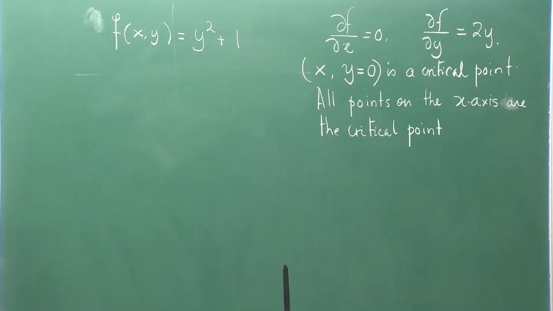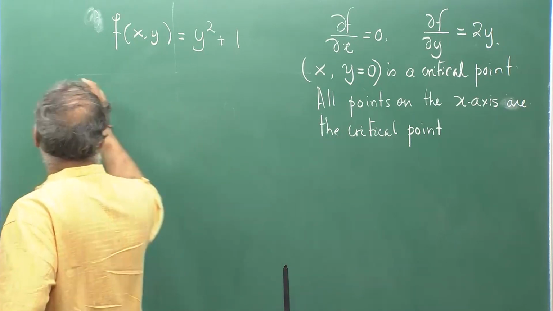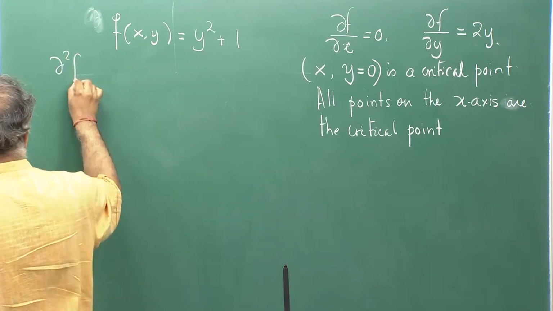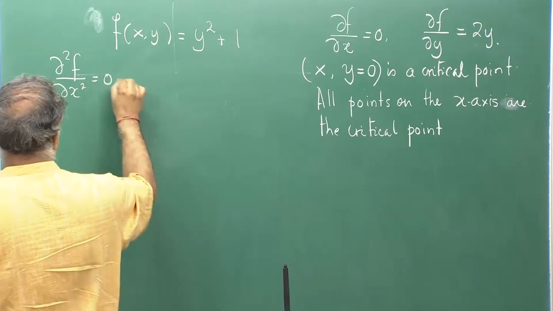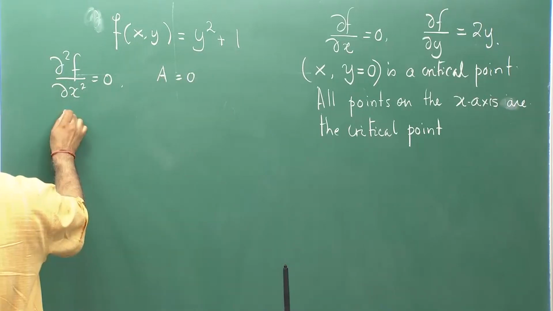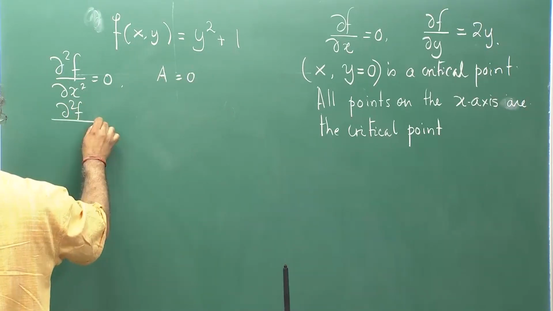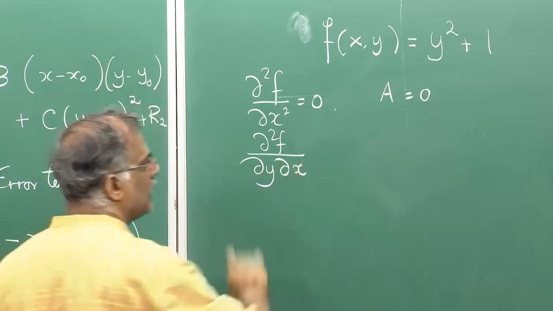So, what about this AC minus B square? We will check that part also. Let us do it. Del 2f del x2 is 0, so A is equal to 0 because A is half of this.